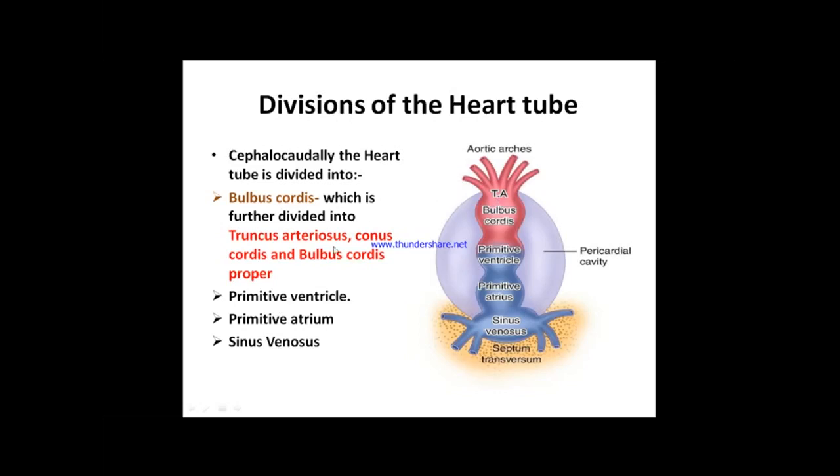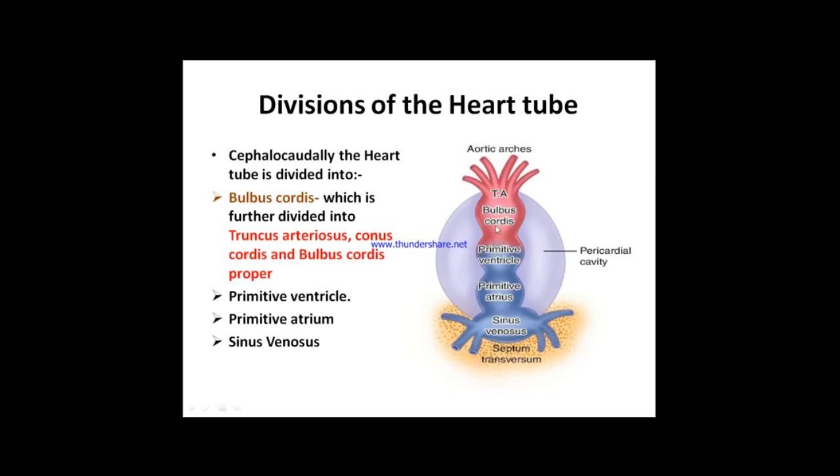Then next we have the conus cordis, part of the bulbus cordis, from which develop the outflow tracts, and from bulbus cordis proper develops the trabeculated part of the right ventricle, not the primitive part. Then we have the primitive ventricle. From the primitive ventricle develops the trabeculated part of the left ventricle.